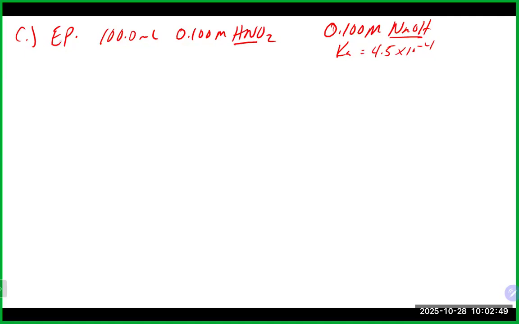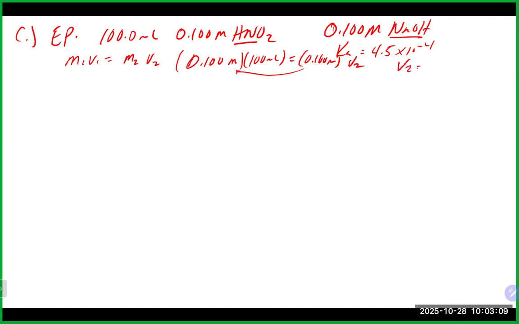And if you do that, you'll end up with the volume needed to reach there. In this case, it would be 100 milliliters: 100 milliliters times 0.1 molar equals 0.1 molar times V2, divide that over, and you will end up with 100 milliliters to reach the equivalence point.